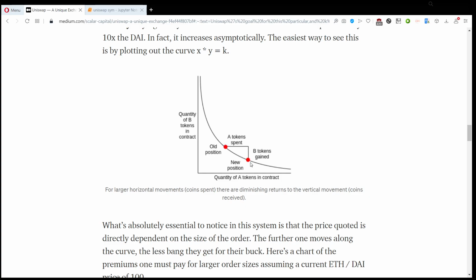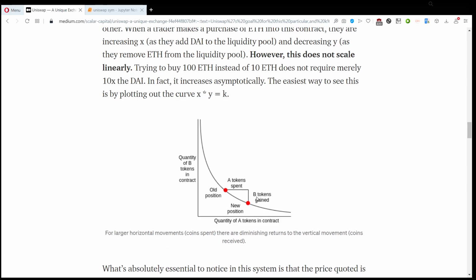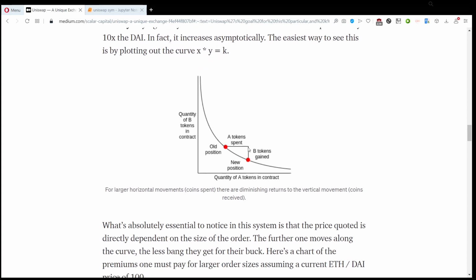Basically, the fewer tokens you have in the liquidity pool, the higher the price goes. This is called the constant product formula. If you search for it online, you will find that most exchanges use it. It is actually quite easy to code.